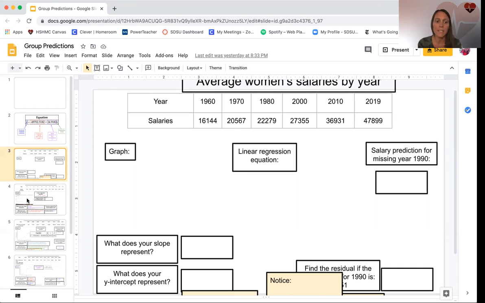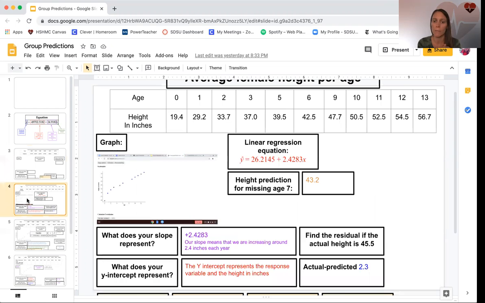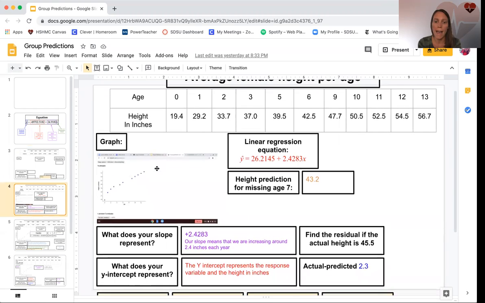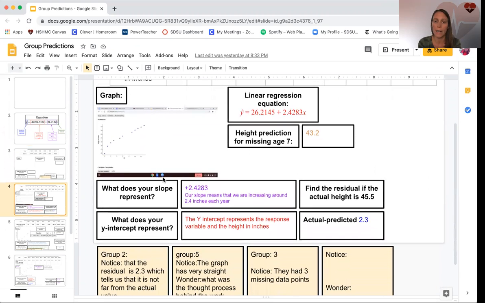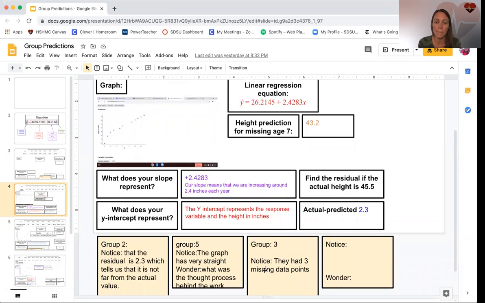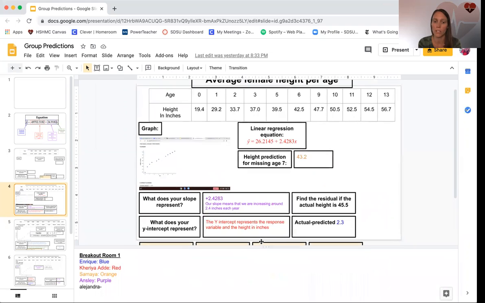Here's an example of one group's completed slide, right? Their poster, if you will, is complete, and at the bottom is typically where they put who did what, right? That's the accountability piece.